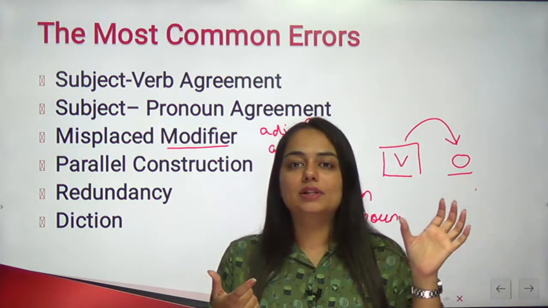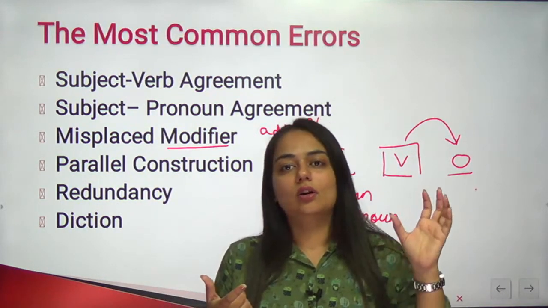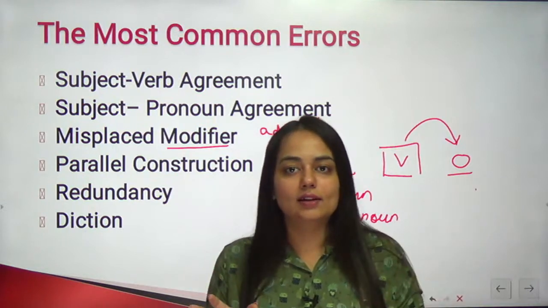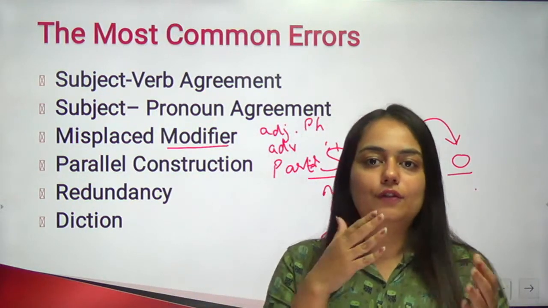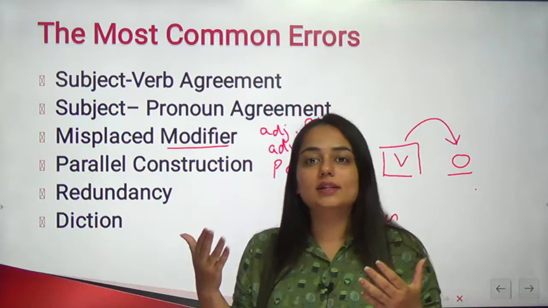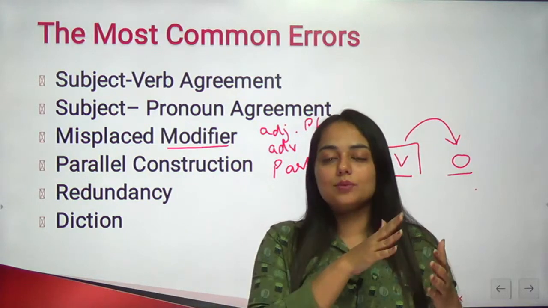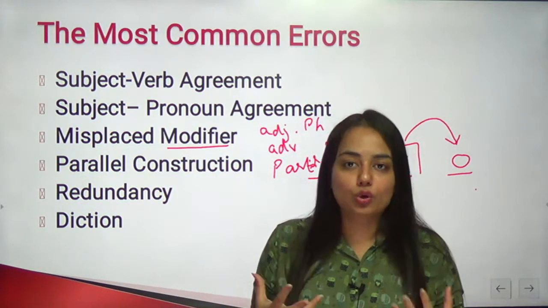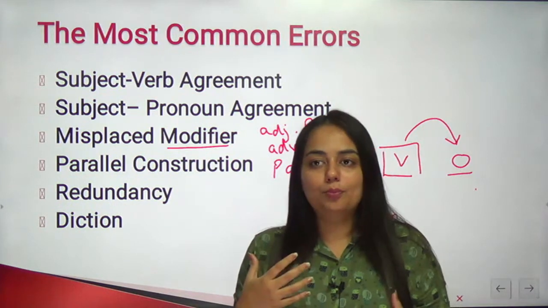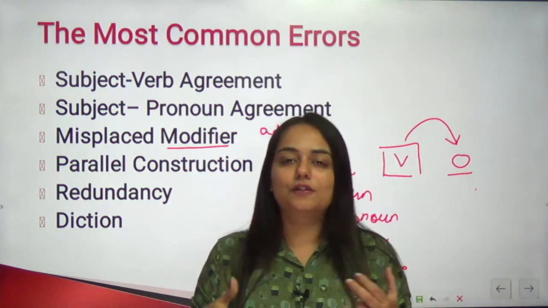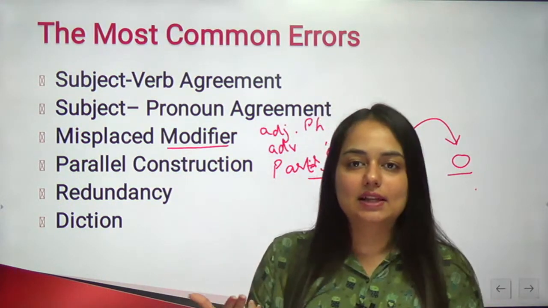So I have to keep it the same: swimming, dancing or singing. If there are ing words separated by commas, they will remain the same. The grammatical structure or role will be the same. Parallel construction is maintained in different types of things that I will discuss in the next class.